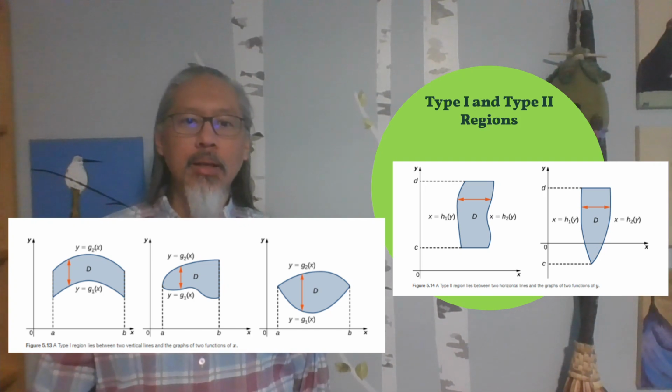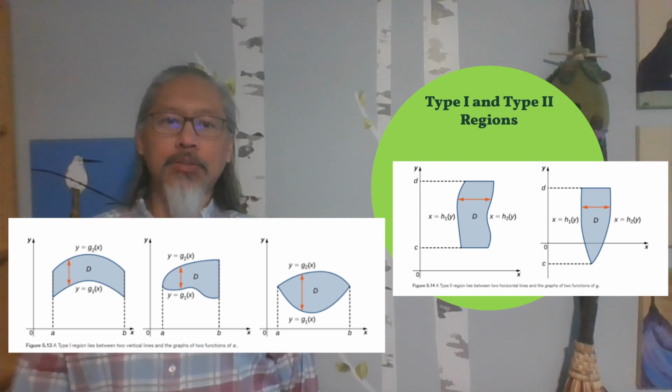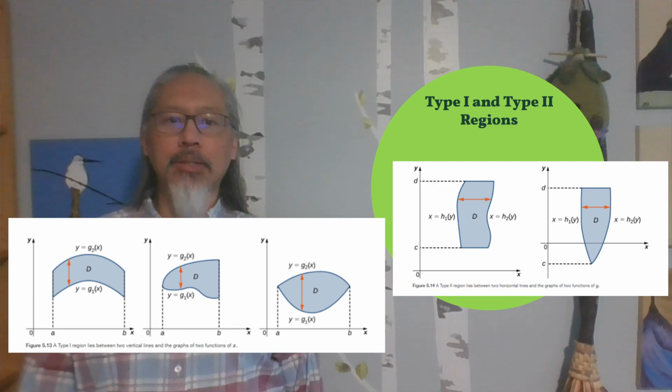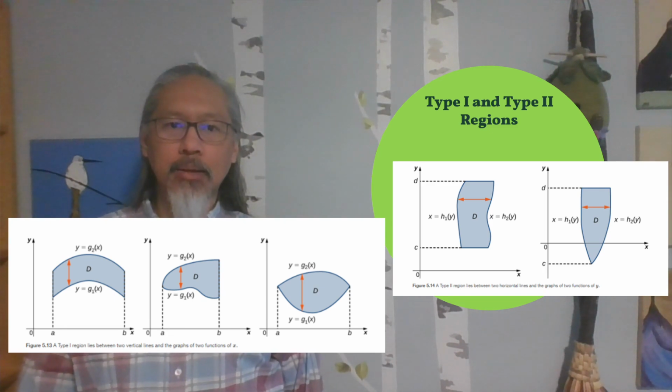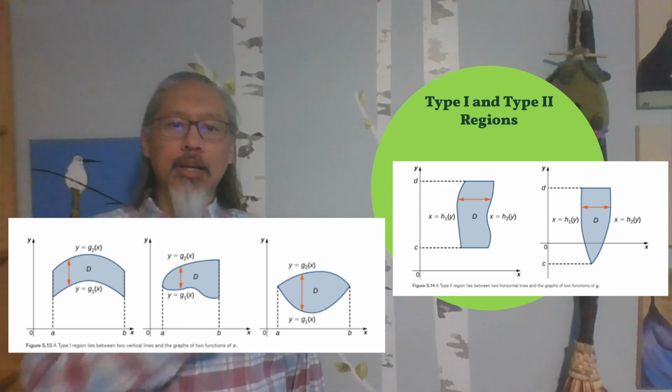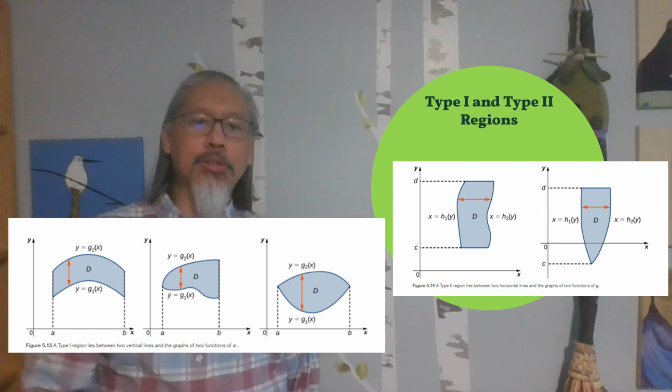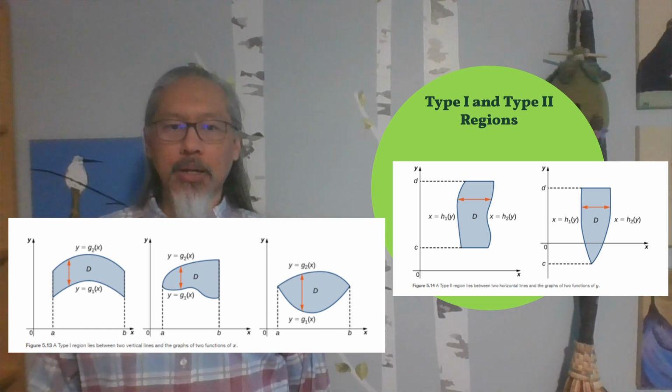And so in integrating with respect to x first, you will have x limits that would be functions of y. And then again, if you take a look at the limits with respect to y, it's just going to be from c to d, constants.